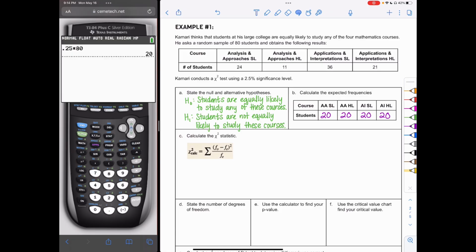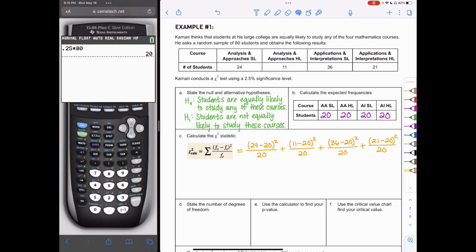So I would literally have to take 24, subtract 20, square that, and then divide it by 20. And then I would add 11 minus 20 squared divided by 20. Then I would add 36 minus 20 squared divided by 20. And last but not least, I would add 21 minus 20 squared divided by 20.